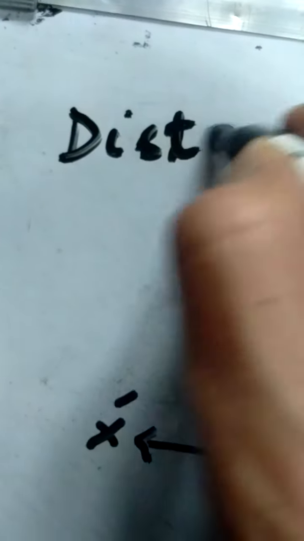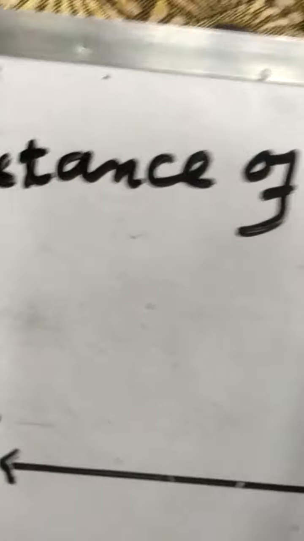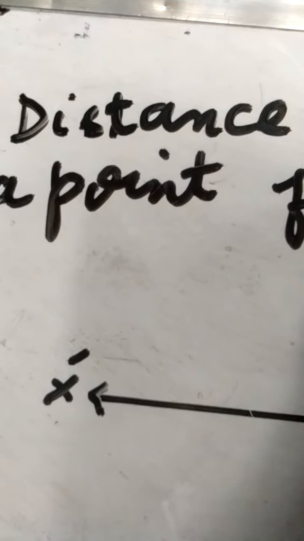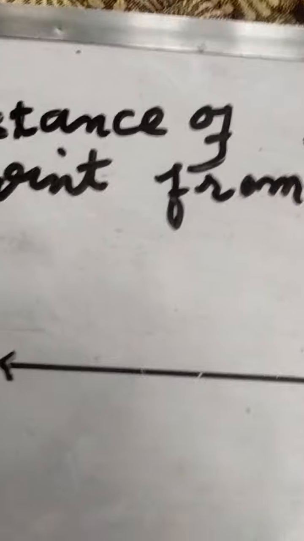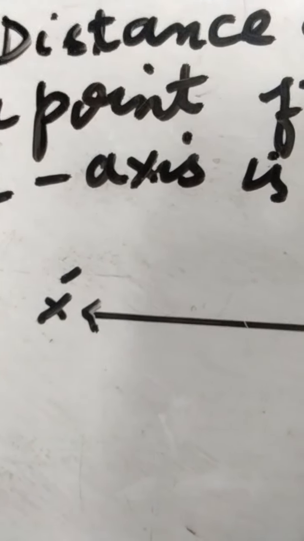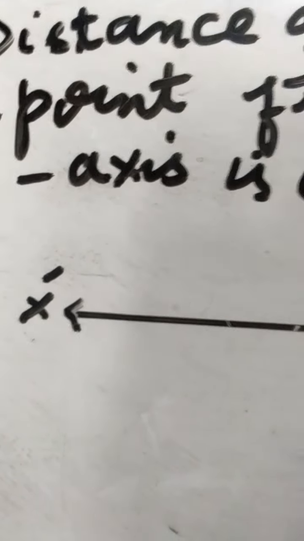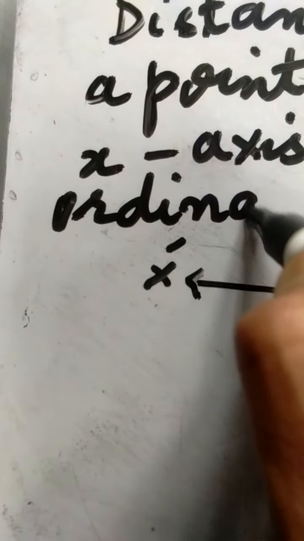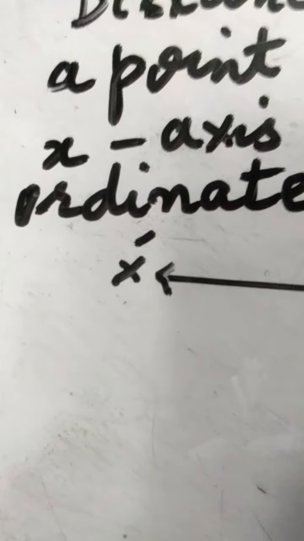Simply we can say distance of a point from x-axis is called ordinate or y coordinate.